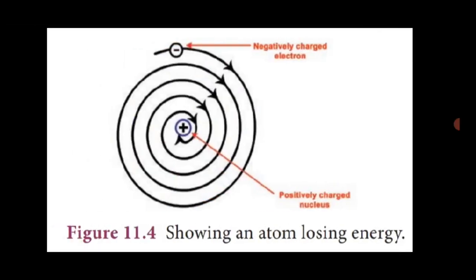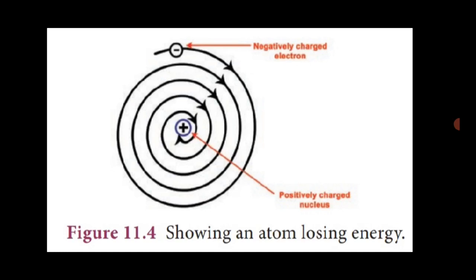See this picture. The center contains the positively charged nucleus. Around the nucleus, the electrons revolve in circular motion. So electrons continuously revolve around the nucleus in a circular path.